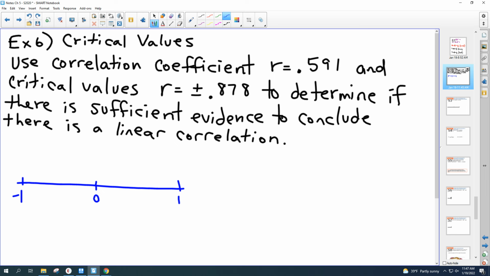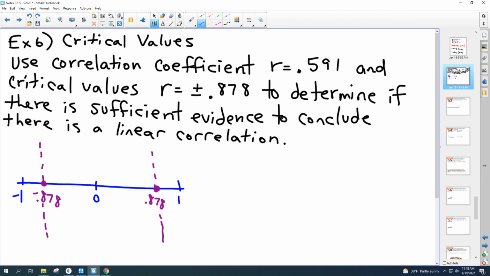All right. So we're going to graph the critical points. The critical points are going to be about right here. That's 0.878. And about right here, that's negative 0.878. So got a lot of words here, but basically what you want is anything inside this range right here is going to be considered close to 0.